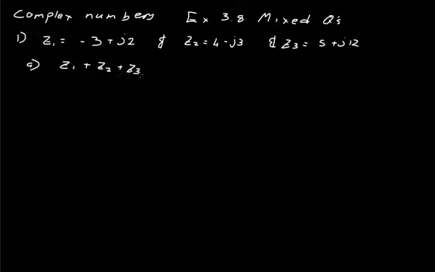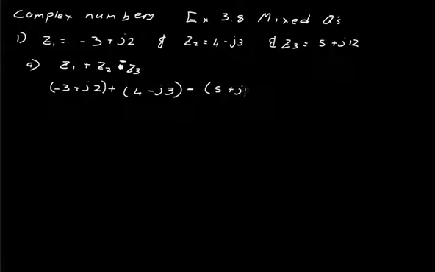Now remember, I said with complex numbers, all we're going to do is add them as if it was algebra and the j was a variable. Okay, so let's start. Z1 is minus 3 plus j2 plus, I'm going to put these in brackets for clarity, Z2 is 4 minus j3 minus Z3 is 5 plus j12.